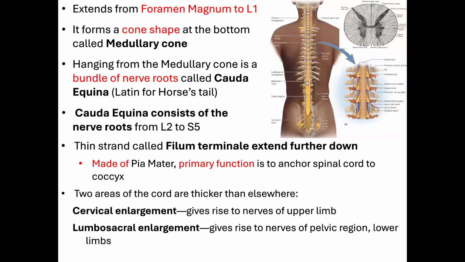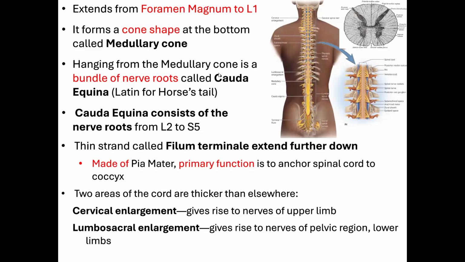It does not really stop, but there's a little conical area there, like a cone. That area is called the medullary cone or conus medullaris. And after that, it's not like the spinal cord. It's like a bunch of nerves, which is like a horse's tail. So that's why this part below the conus medullaris or medullary cone is called the cauda equina.